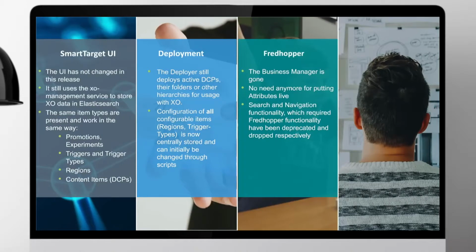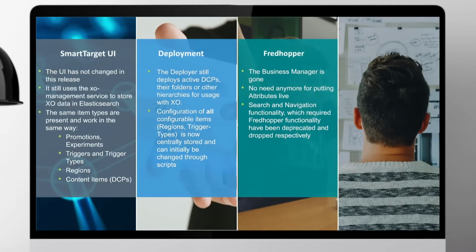Looking at Fredhopper itself, because we basically entirely removed Fredhopper, it sort of follows that the business manager is also gone. If you look at what we were doing there and why we would need it, I think it's mainly used for putting attributes live, because Elasticsearch is sort of configured in such a way for XO that it can handle quite a large load.